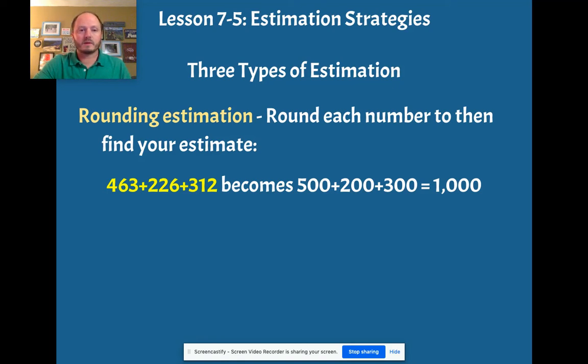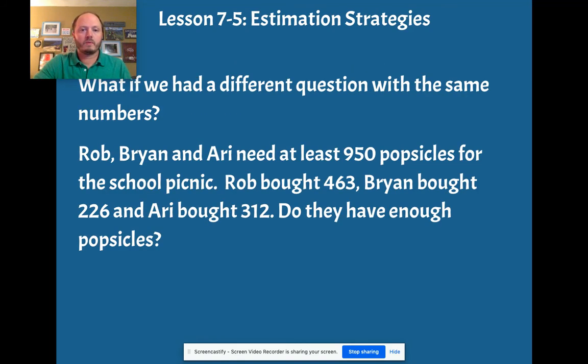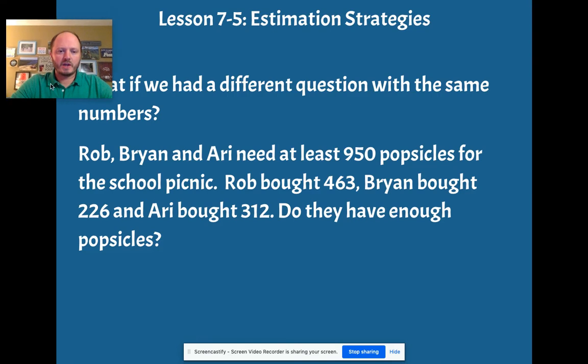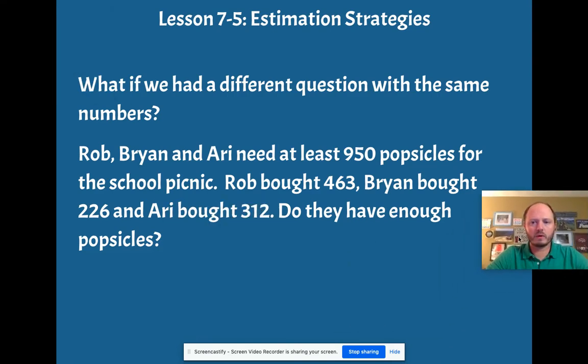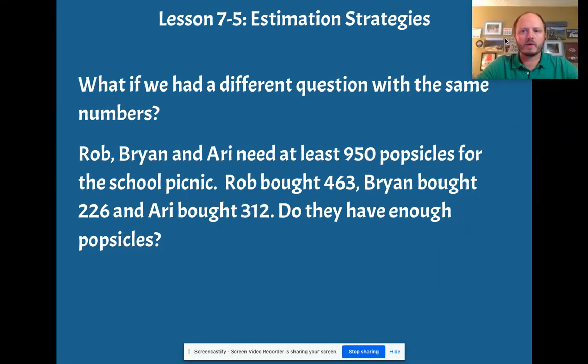So let's take a look. And we're going to think about this too. What if we had a different question, but with the same exact numbers and the same exact problem? Does that change what we're doing at all? So same problem, but slightly different question. Let's take a look.